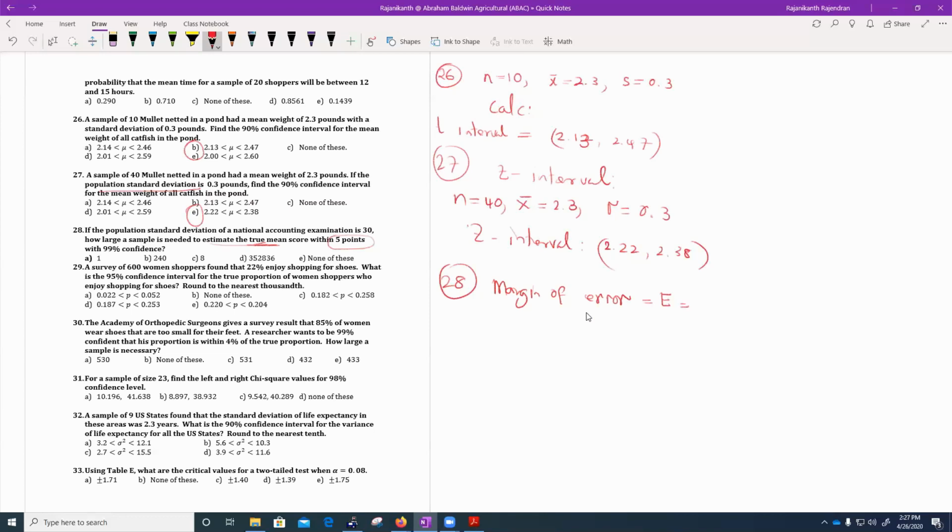So this is equal to what? The margin of error formula we had, which is z alpha over 2 times sigma over square root n. So we had this formula. You could go and check what we had.